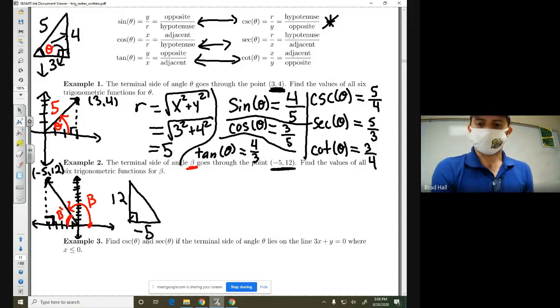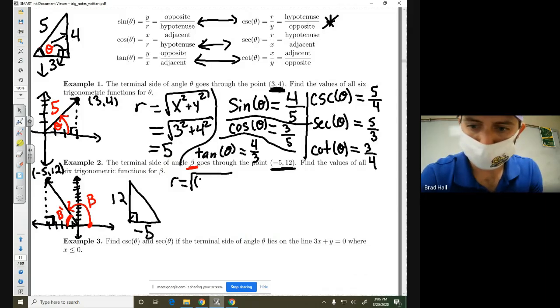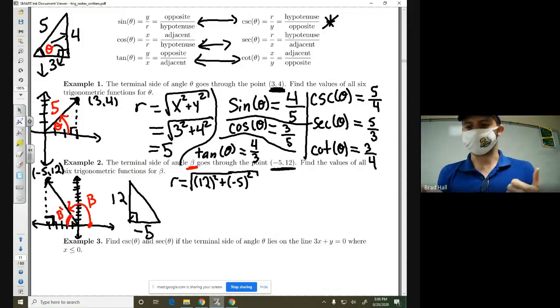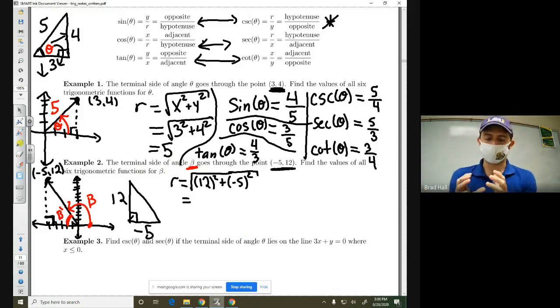Well, how do we figure out the hypotenuse here? We use the Pythagorean theorem. So R is the square root of 12 squared plus -5 squared. Notice I am using parentheses around the 12 and the -5 because (-5) quantity squared is +25.